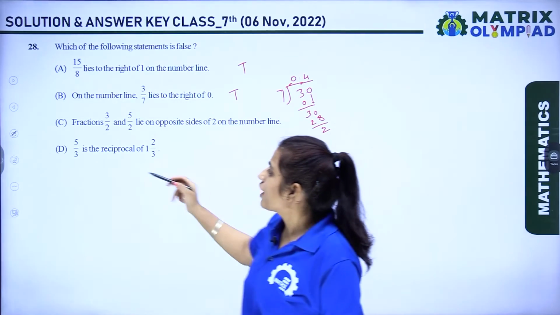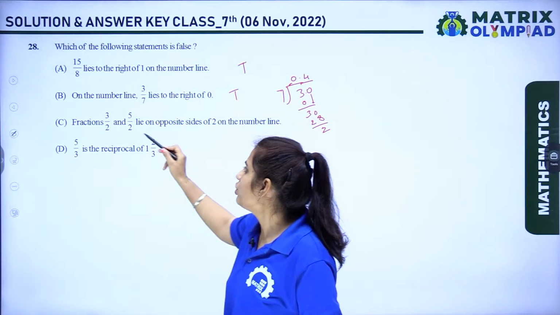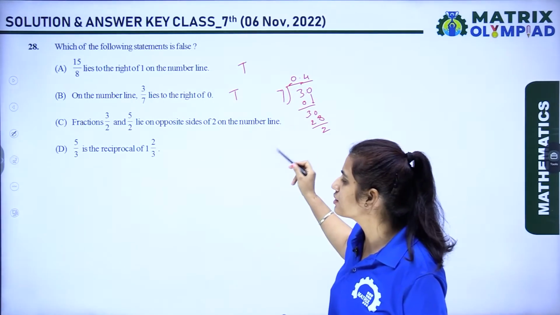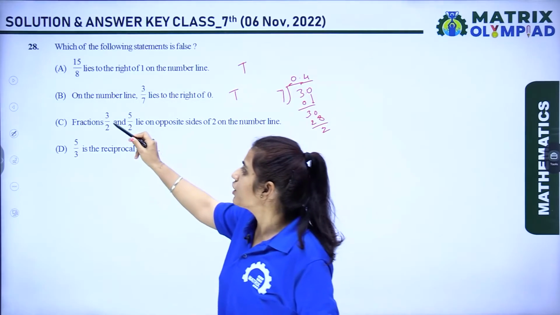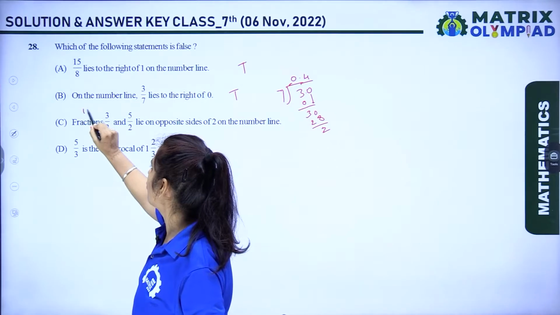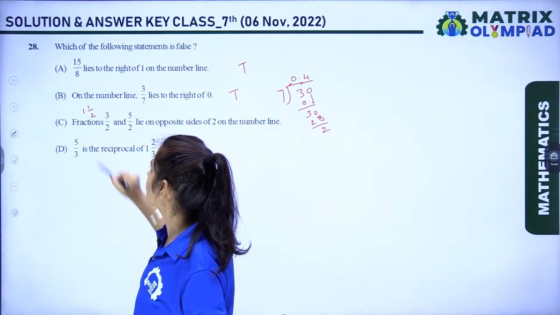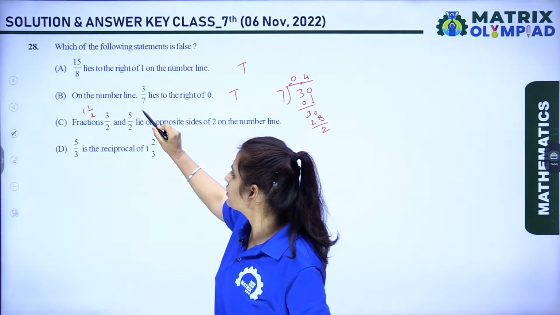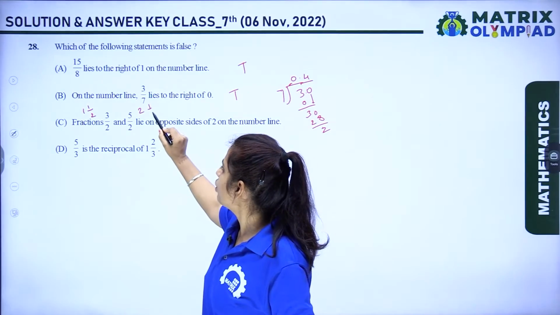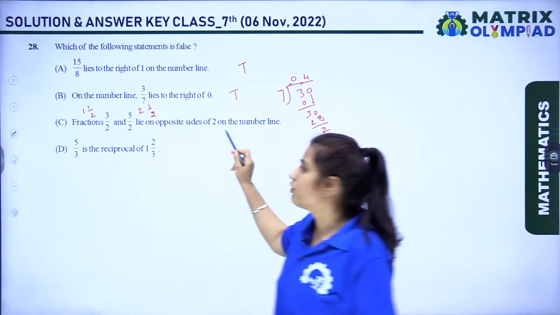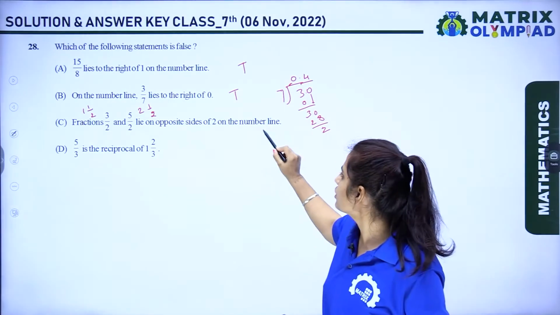Option C, fractions 3 upon 2 and 5 upon 2 lie on opposite sides of 2 on the number line. Yes, this statement is also true. As we can write 3 upon 2 as the mixed fraction 1 1 upon 2, and 5 upon 2 can be written as 2 1 upon 2. So they both lie on opposite sides of 2. Option C is also correct.